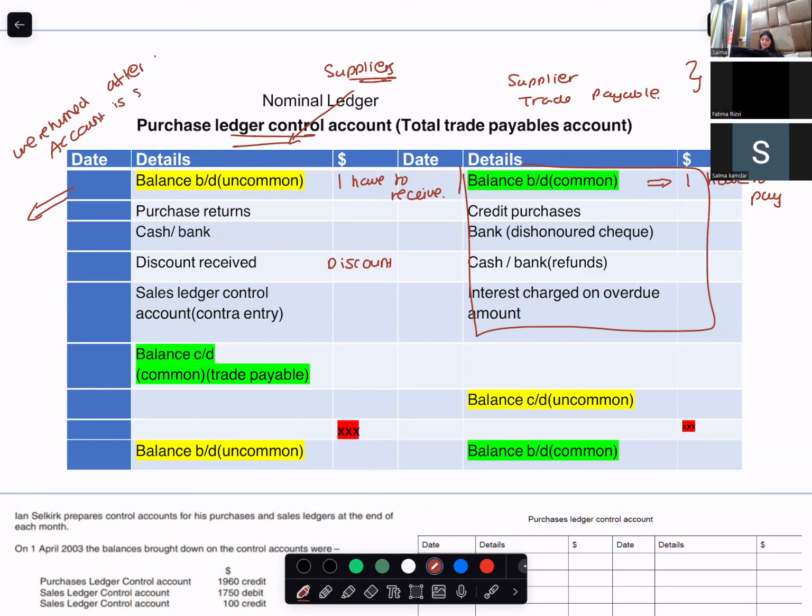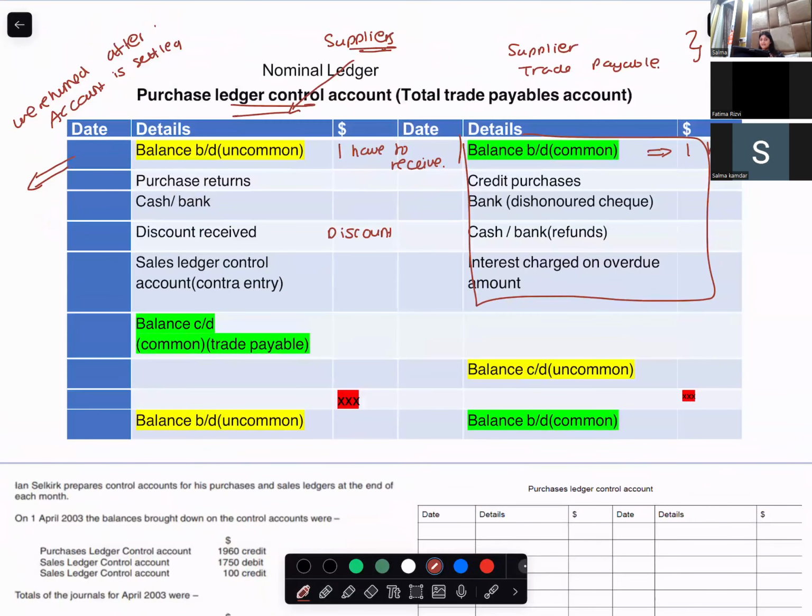That means we already paid him the money, we already settled the account, but after that, we return the goods. Then your supplier can have an uncommon balance, a debit balance. Or maybe you have overpaid your supplier.